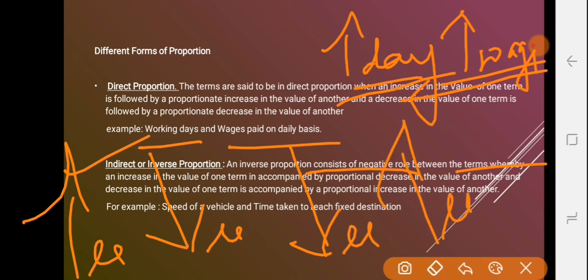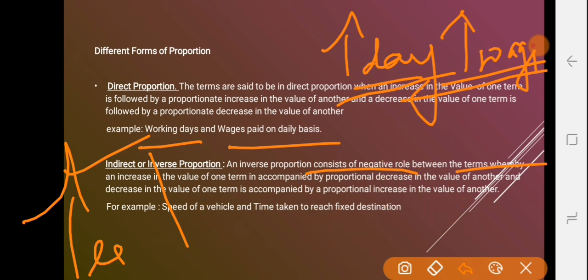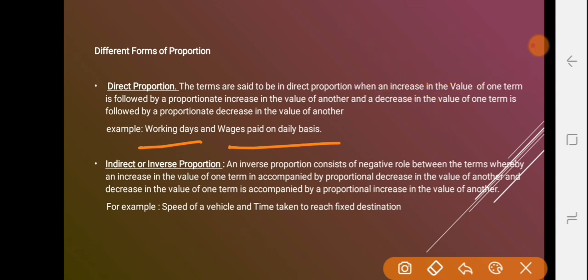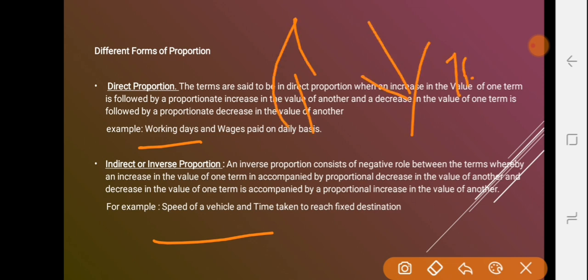That is indirect or inverse proportion. The best example we can take for this is speed and time taken. If the speed of a vehicle is increasing, it leads to a decrease in the time taken to reach the destination, right? So that is indirect or inverse proportion.